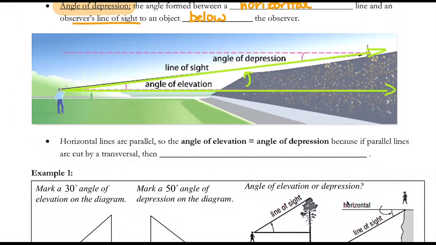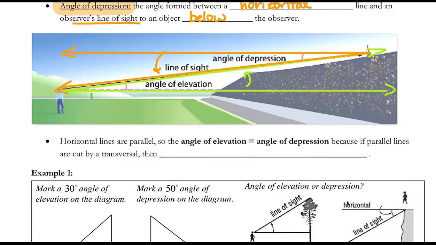The person who's up in the stands is from the horizontal looking down, seeing that person on the field at the same angle. So looking straight out, dropping his eyes or her eyes down to look at the person on the field. The person on the field is looking straight out horizontally and raises their eyes up to look at the person in the box or in the stands.